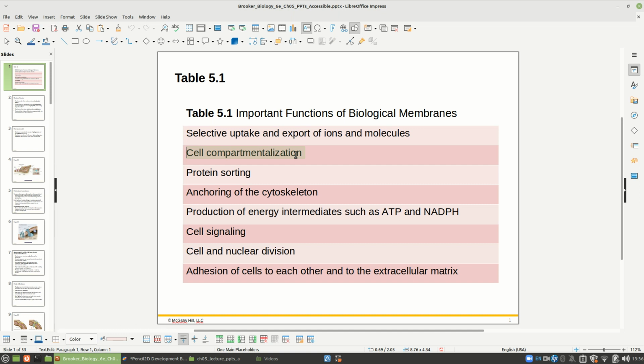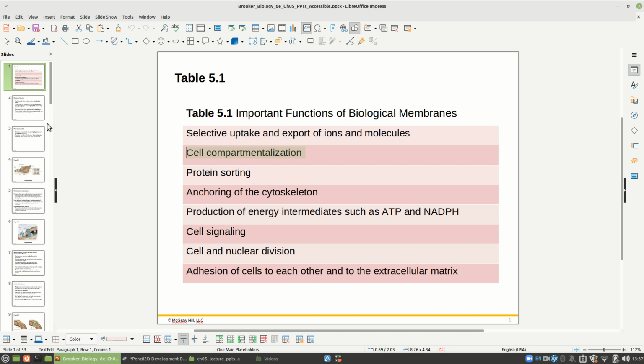The complex structures that we use have all these pumps and pores and things. When I say we, I'm talking about eukaryotes. They have lots of complex protein complexes where a bunch of proteins come together to form these pumps and pores. So just understand that that is cell compartmentalization.